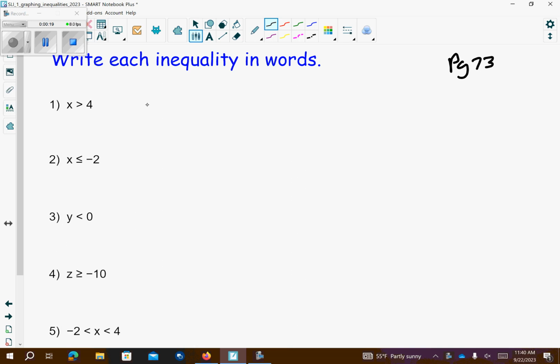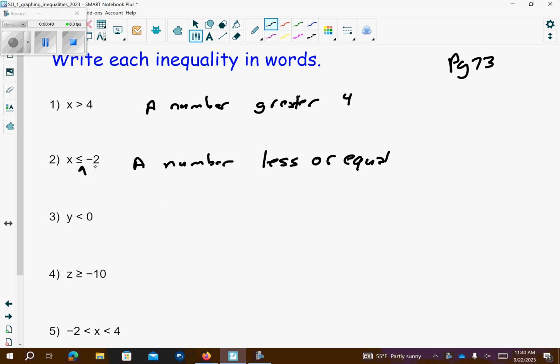So this is basically a number greater than 4. This one is a number less than or equal to, and the reason why we have the equal there is that little one there, -2.